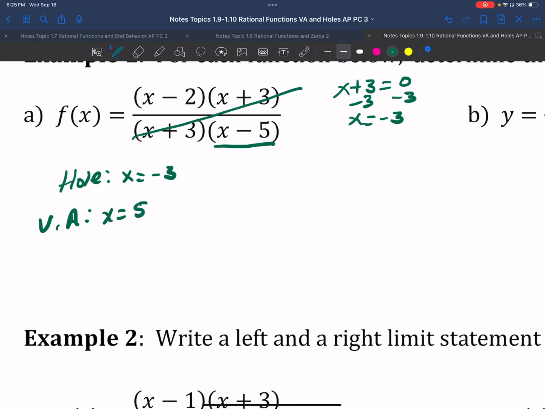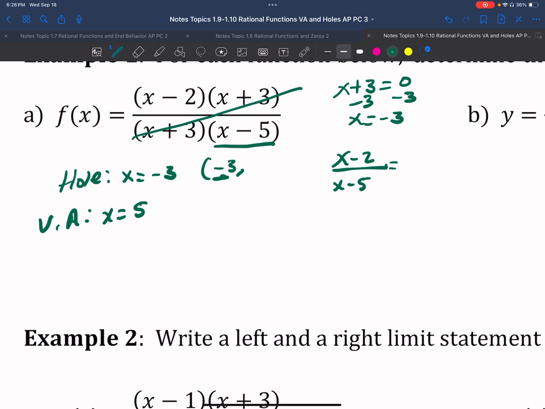Now, to get the y value of the hole, I know that the x value is -3. Look at what you have left over. So I only have x minus 2 left at the top, and I have x minus 5 left on the bottom. To find the y value of the hole, replace your x's with -3, or whatever the x value of the hole is.